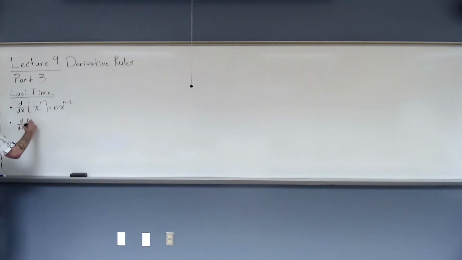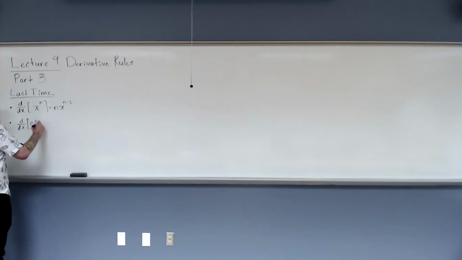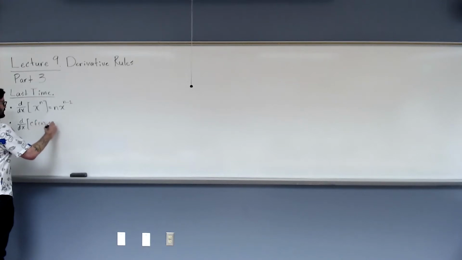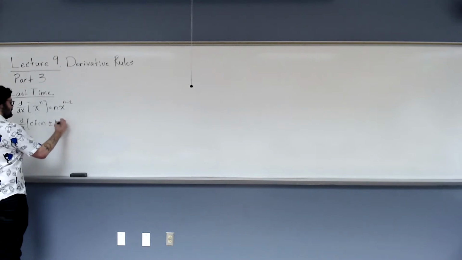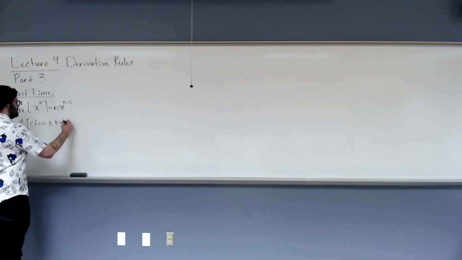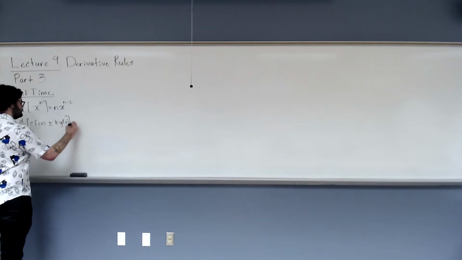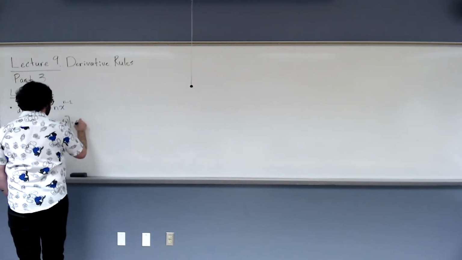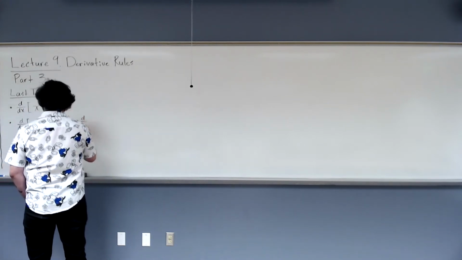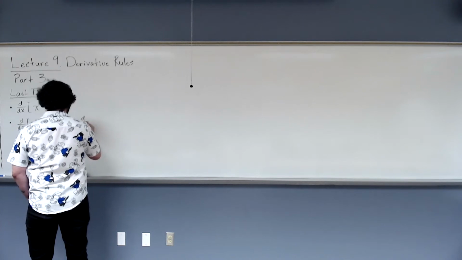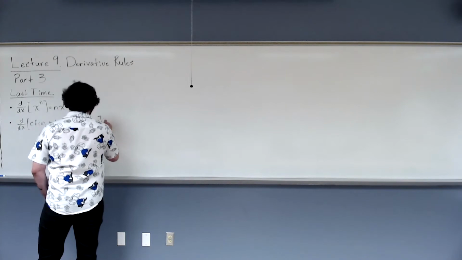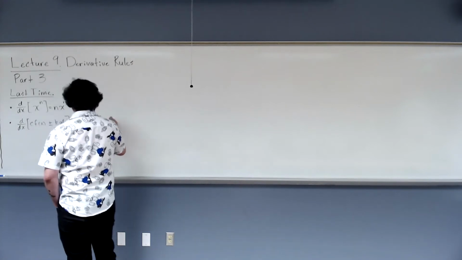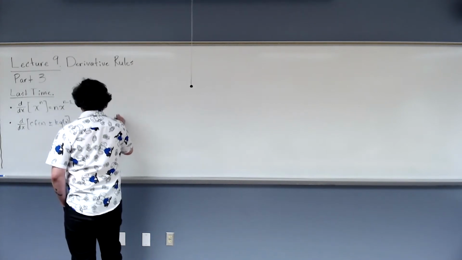d/dx of c times f of x plus or minus k times g of x is equal to c times the derivative of f plus or minus k times the derivative of g.